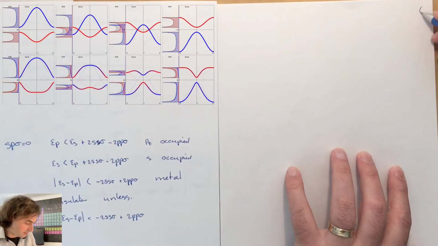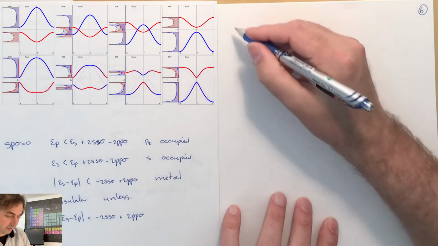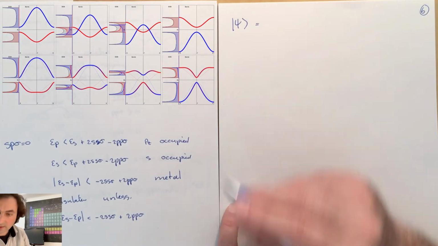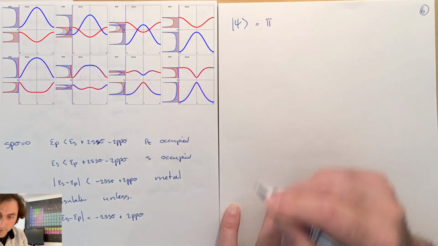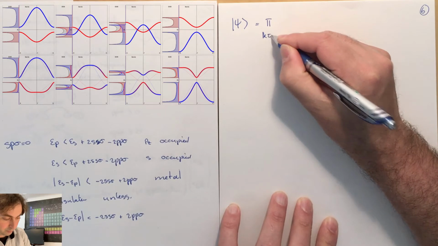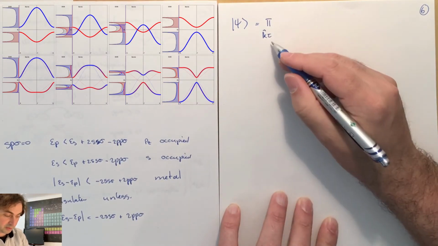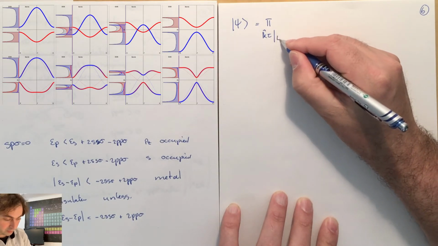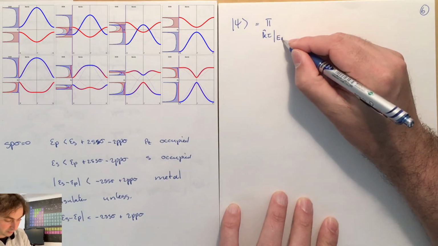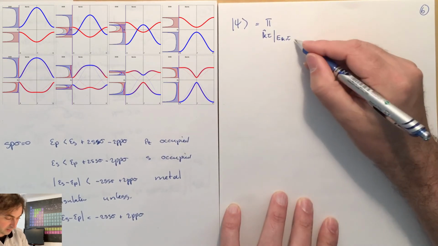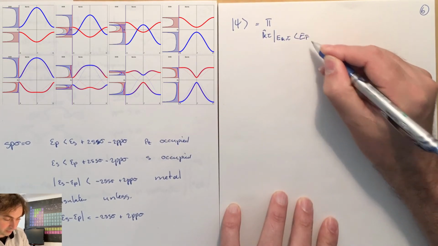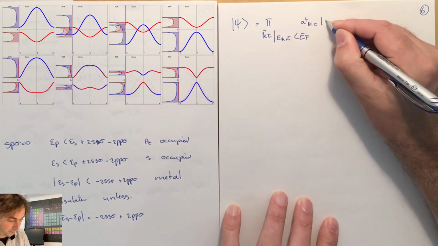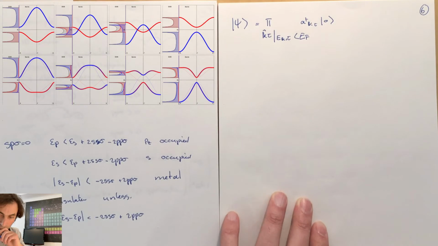So in order to address this question, we can have a look at our wave function. And our state is given by the product where we sum over all k vectors and band indices, and we want to include those where the energy of the state is smaller than the Fermi energy, and in that case we create that state out of the vacuum.